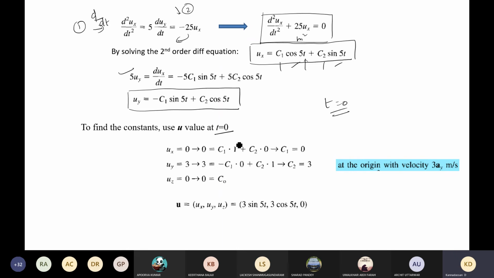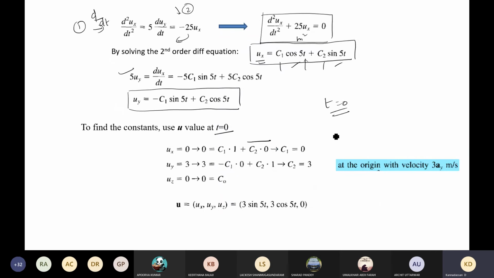So we are going to substitute t equal to 0. When you substitute t equal to 0, cos will become 1, so C1 will exist and C2 will disappear. At that particular direction, we have to calculate what is this ux.